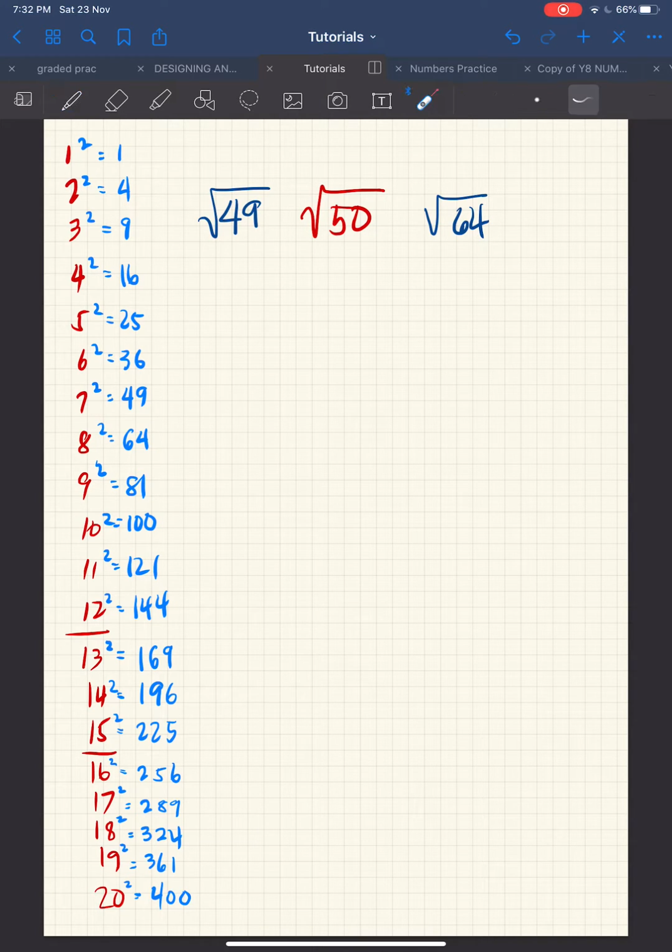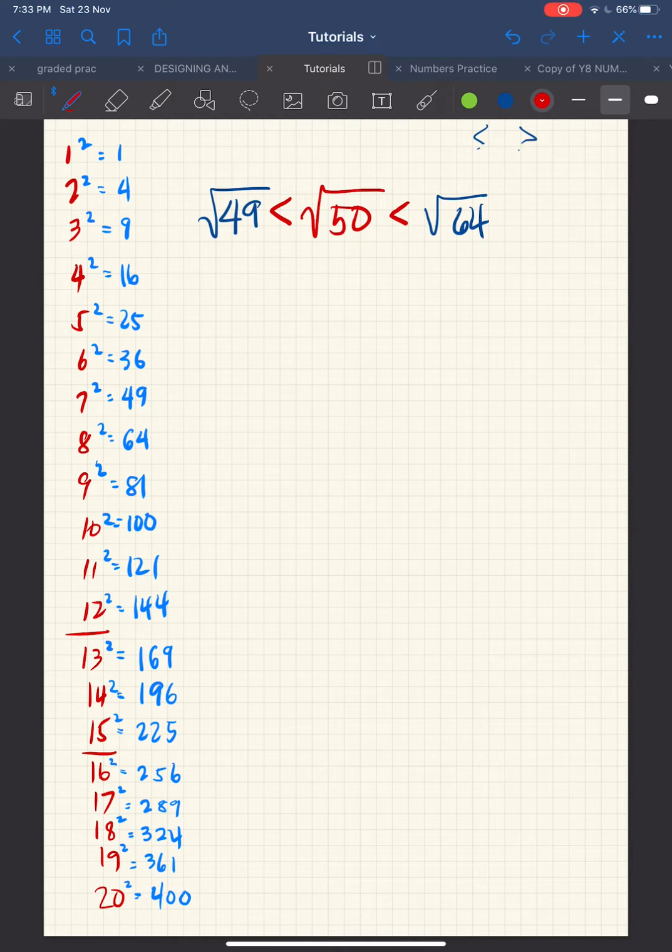Now let's use the greater than and less than signs. A lot of you made a mistake here. Just because you saw these signs in the instruction doesn't mean you have to use them; this is us trying to see if you know when to use those signs. So the square root of 50 is greater than the square root of 49, and less than the square root of 64.